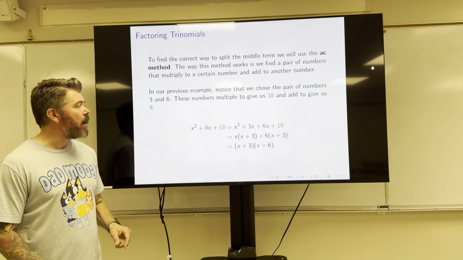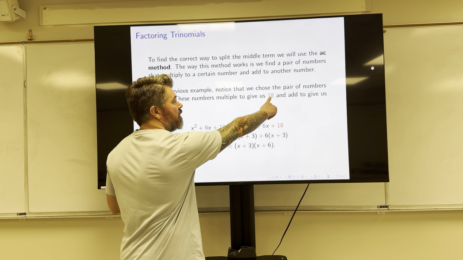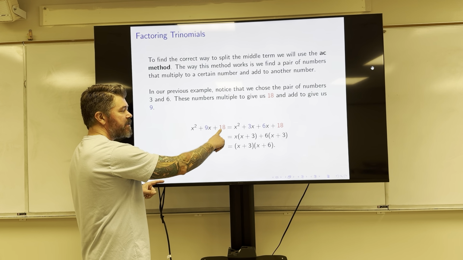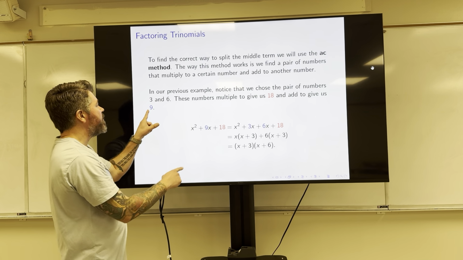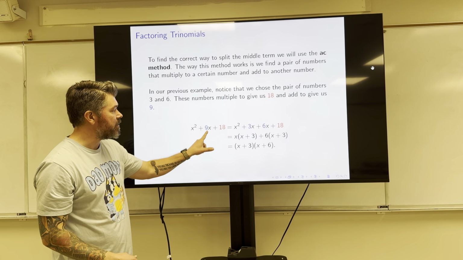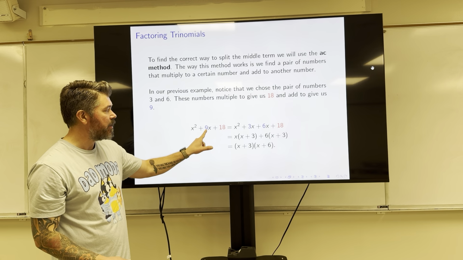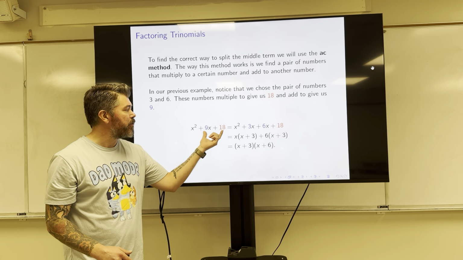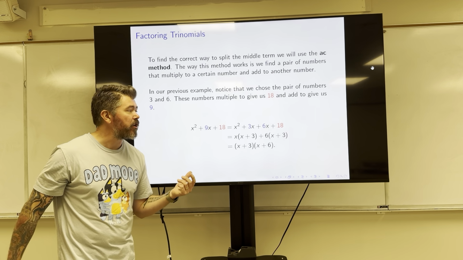Notice that these numbers appear in our trinomial. The product 3 times 6 appears as our constant term, and the sum 3x plus 6x appears as our middle term, our degree 1 term. So we're going to focus on those two numbers. This is going to be our trick to factoring trinomials.